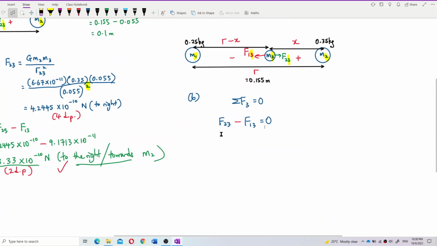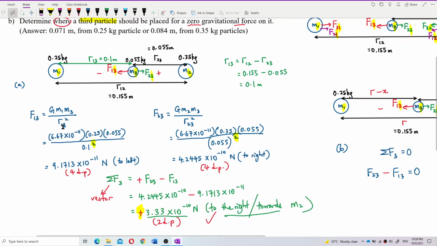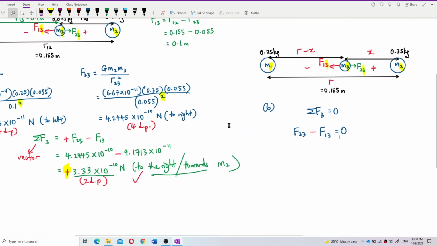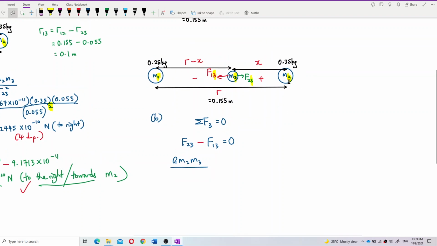What is the next step? Substitute the formula G m m over r squared for the force. So F23 is G mass 2 mass 3 over, what? Between 2 and 3, the distance between them is x.